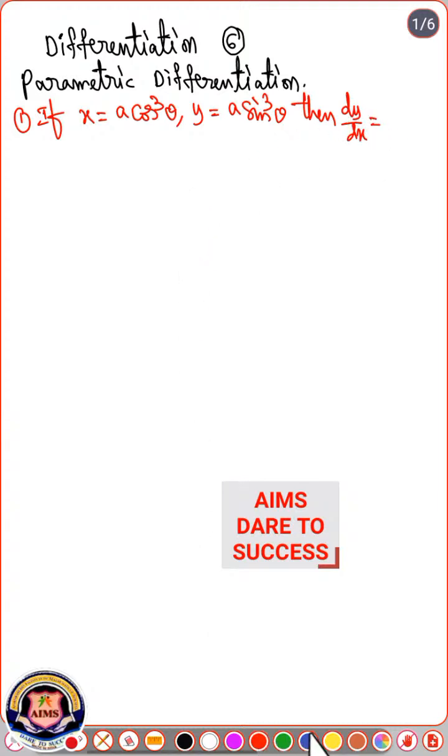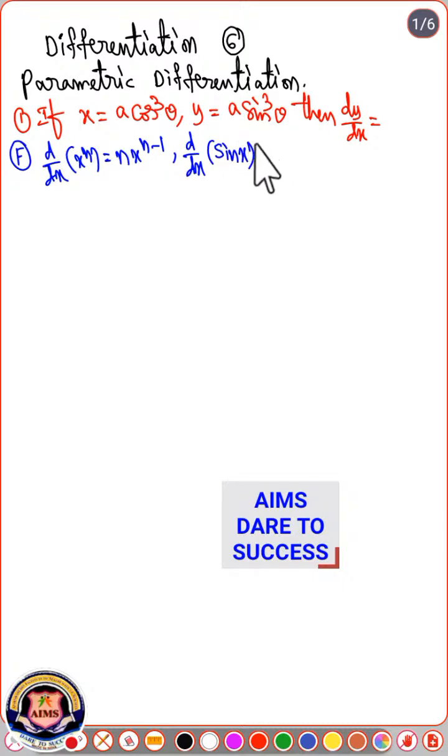First, our target is to write the formulas related to this problem. d by dx of x power n is equal to n into x power n minus 1, d by dx of sin x is equal to cos x, and d by dx of cos x is equal to minus sin x. If we get more, after that we can use it.